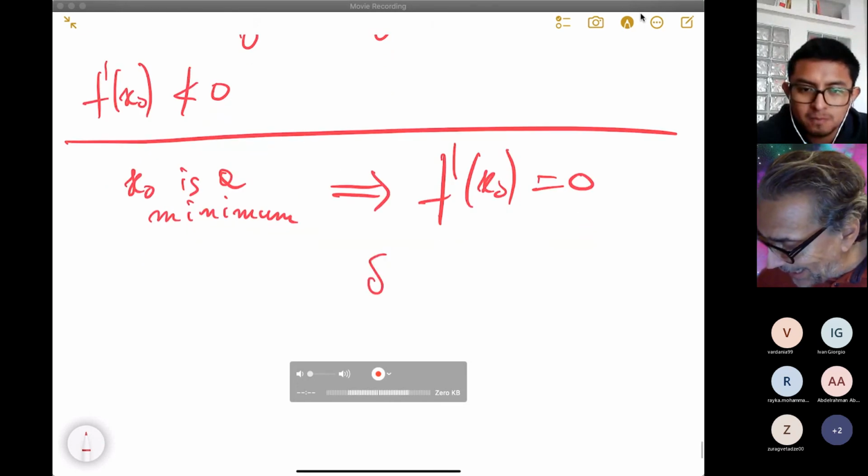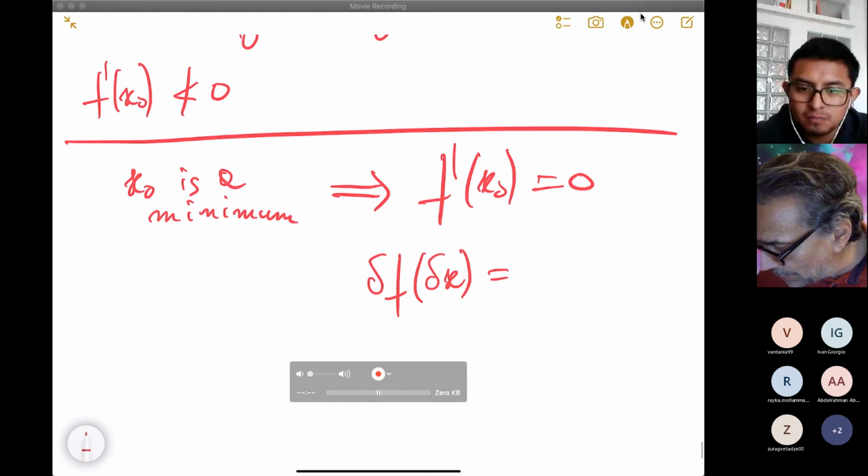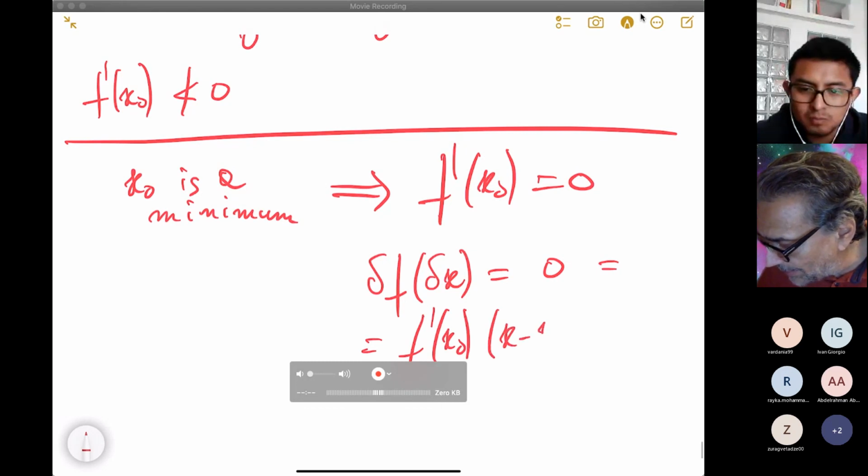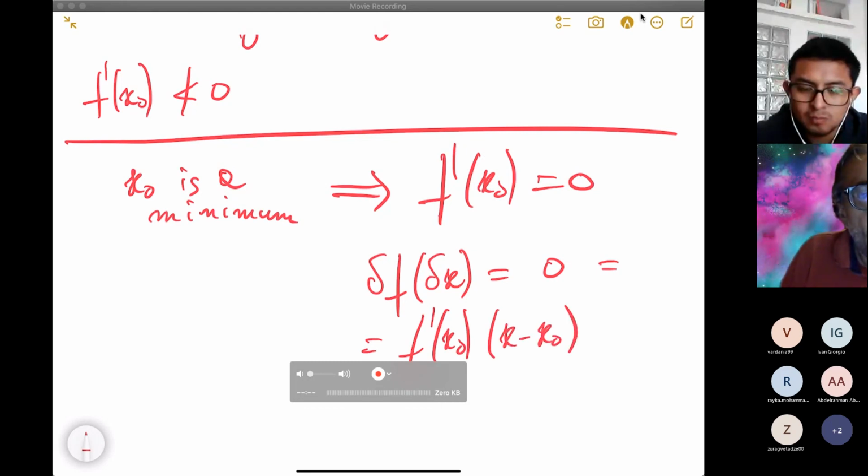Or delta f calculated in delta x is equal to 0, because this is equal to f prime of x0 times x minus x0. So in a minimum, the first variation is 0.